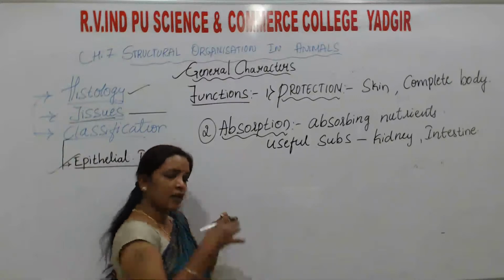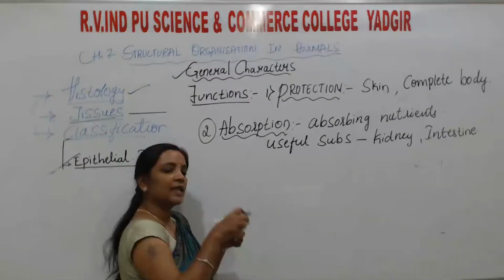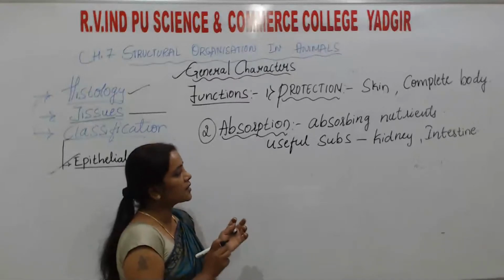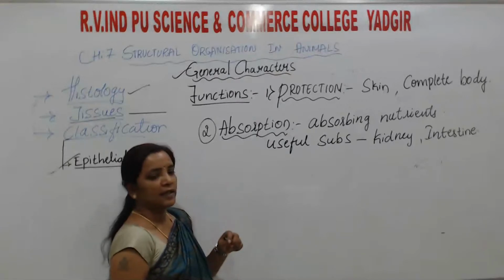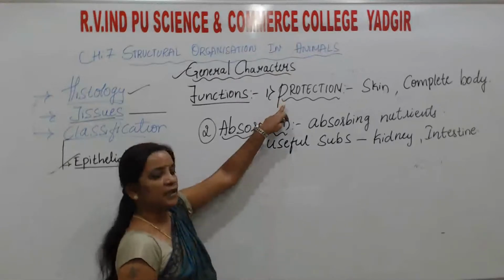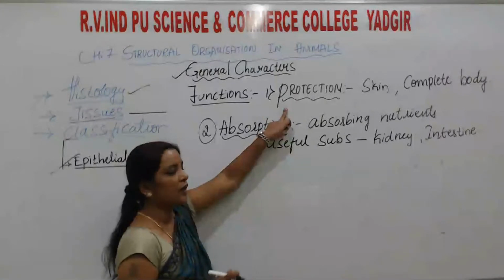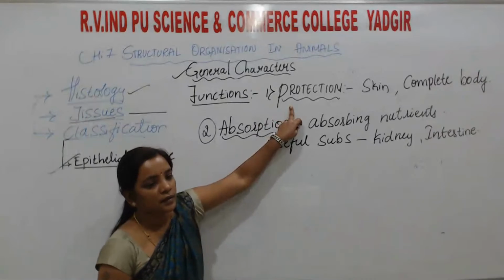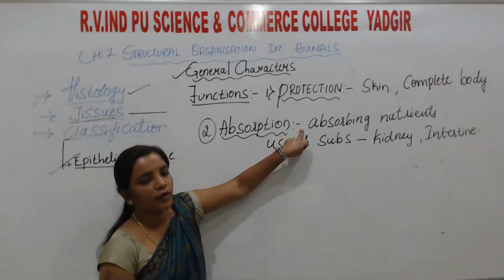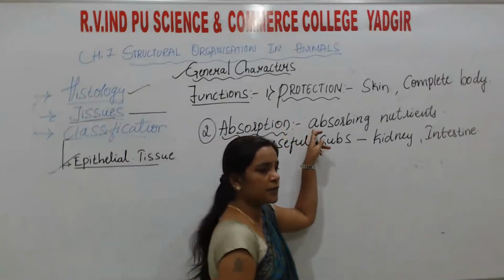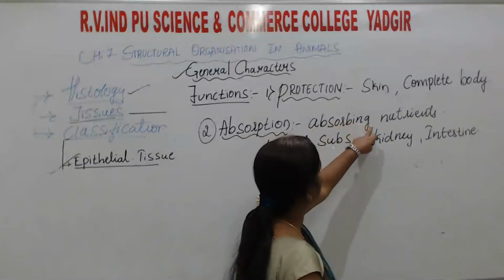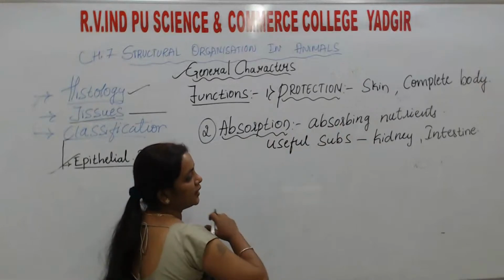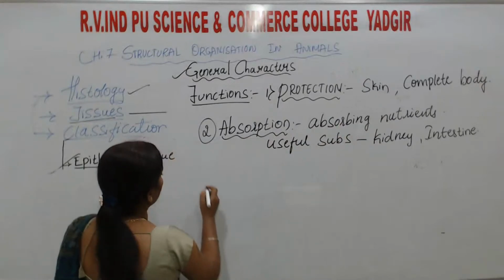So those particular organs that have the absorption property are lined by epithelial tissues. Epithelial tissue is meant for protection, and second, for absorbing nutrients and useful substances, like in kidney and intestine.